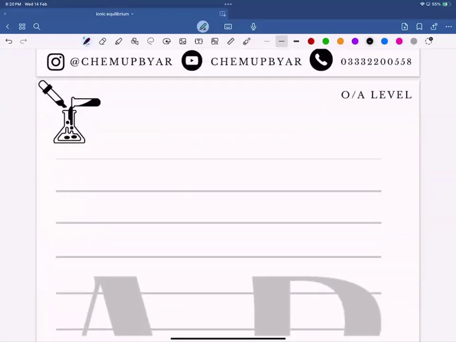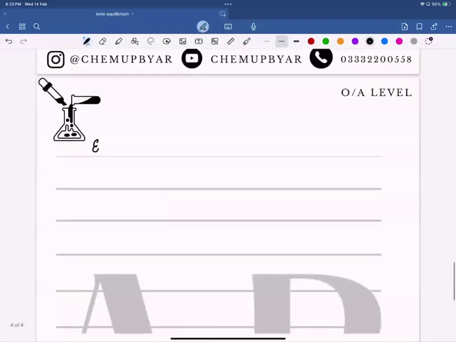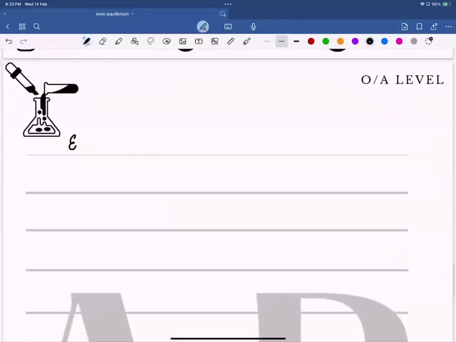Now we will be starting the new subtopic: equilibrium expression.